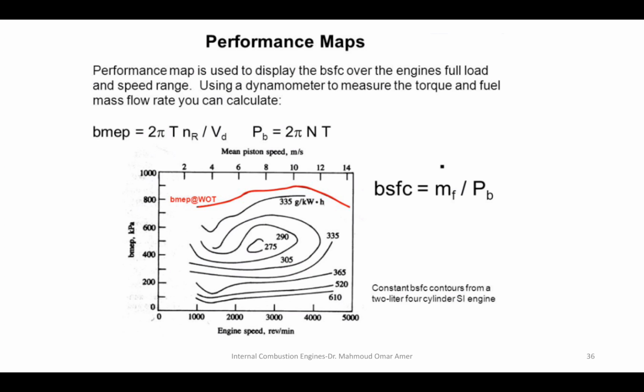This one. You go like this until you intersect with this point. Maybe at this point I will ask you, what is the mean piston speed? Just go up. What is the RPM? You go down. Maybe I ask you, what is the fuel consumption?